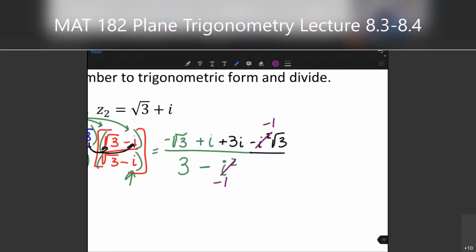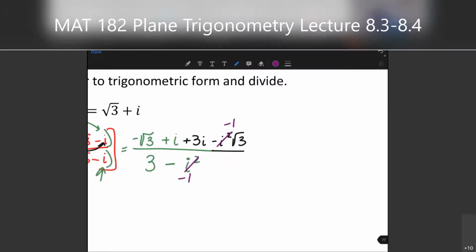If I were to rewrite this numerator, what is the real piece in that numerator? What do we have left? I think you might be right, 0.